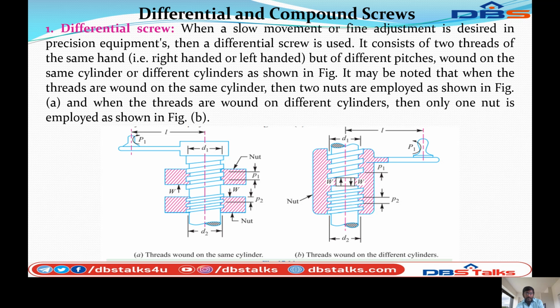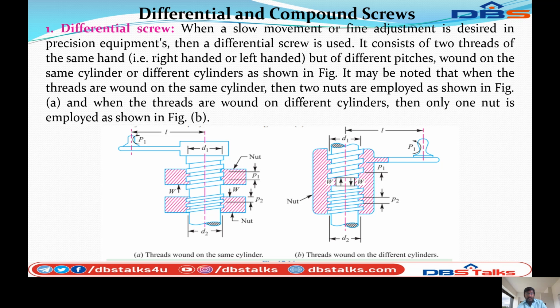So what is a differential and compound screw? First, let us discuss the differential screw. When slow movement or fine adjustment is desired in precision equipment, then a differential screw is used. It consists of two threads of the same hand, that is right hand or left hand, but of different pitches.